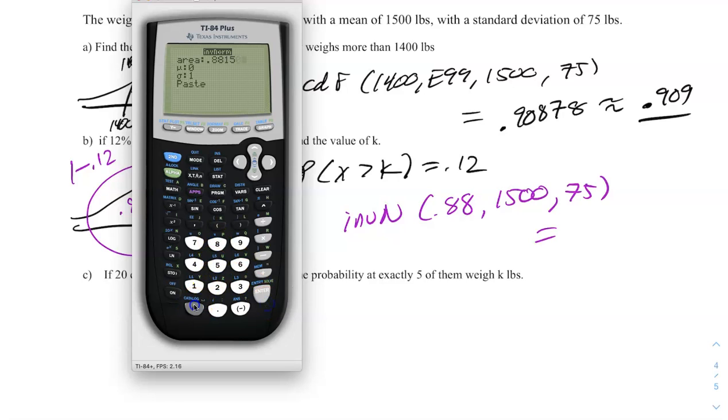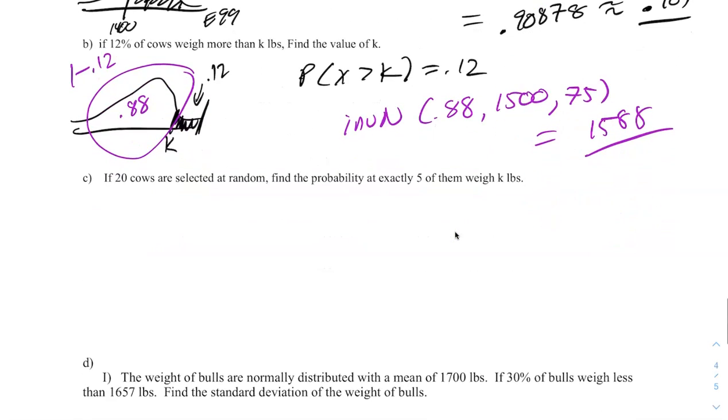And we get 1588. Again, 3 sig figs is kind of for decimal stuff. In this case it's 0.1588, it's fine.